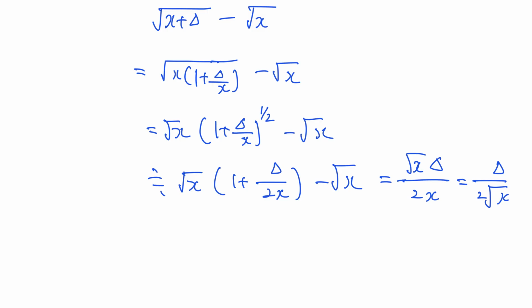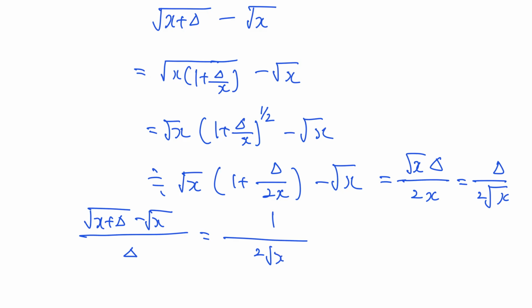So if we divide by delta, we get 1 over 2 square root of x, right? Maybe in high school you just memorized this, but if you know Isaac Newton's simpler formula, then you can actually derive it.